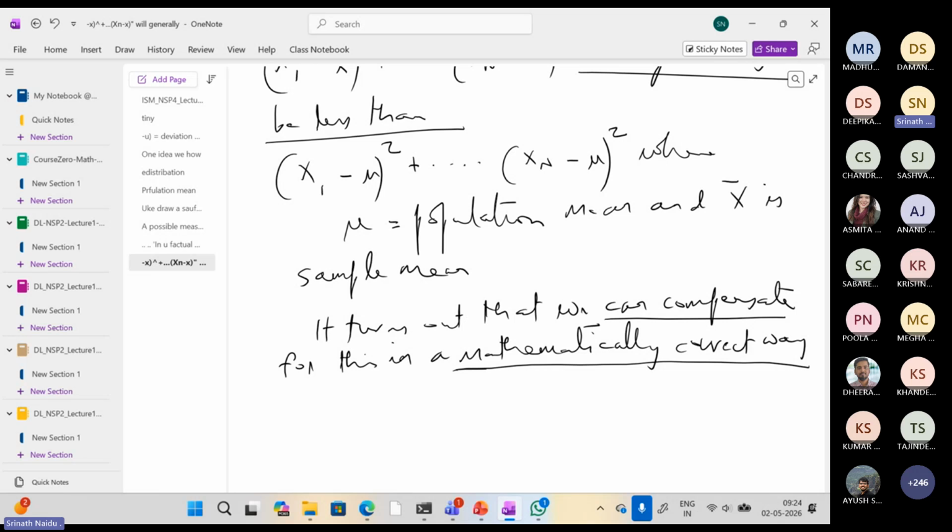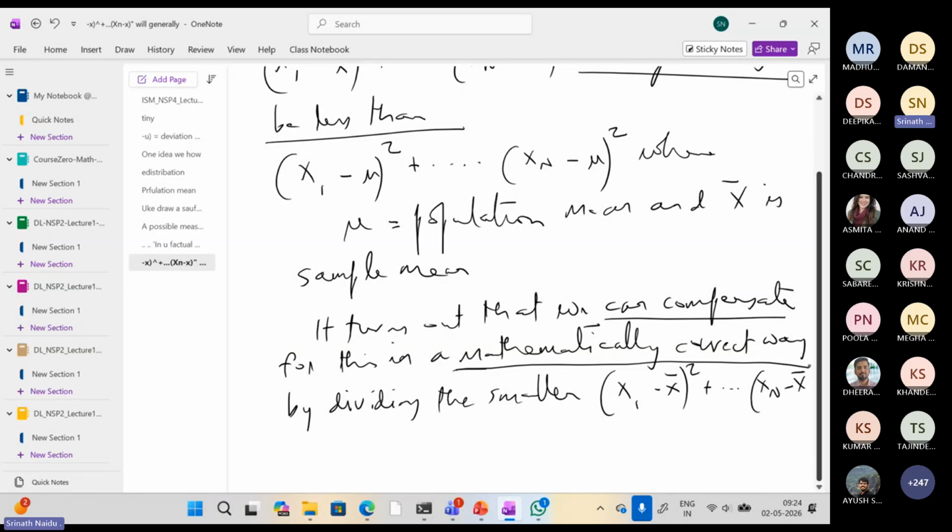It turns out that we can compensate for this in a mathematically correct way by dividing the sum of x1 minus x bar squared plus up to xn minus x bar squared by n minus 1, not n.